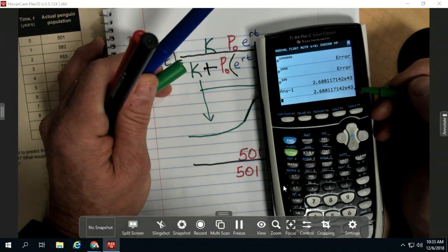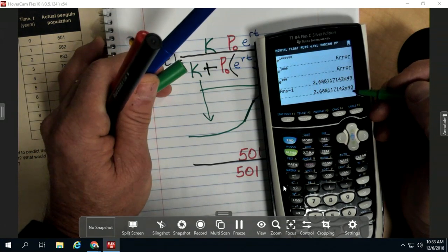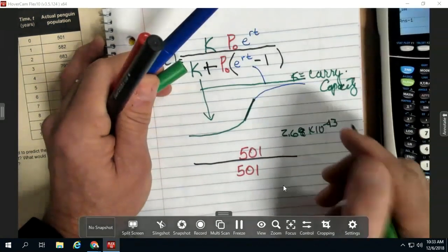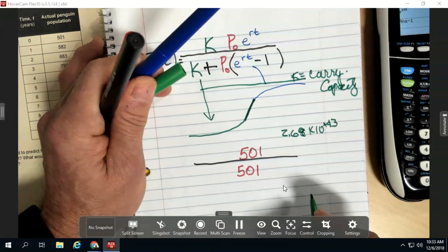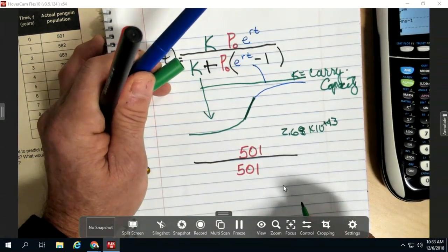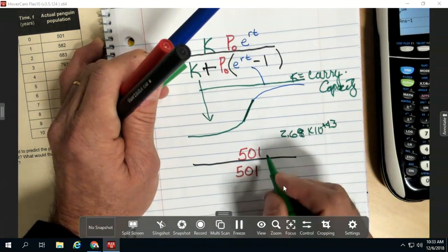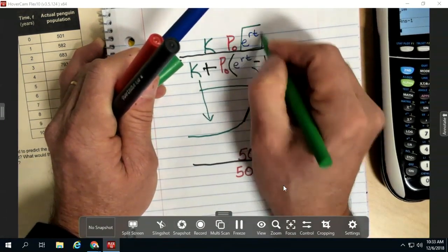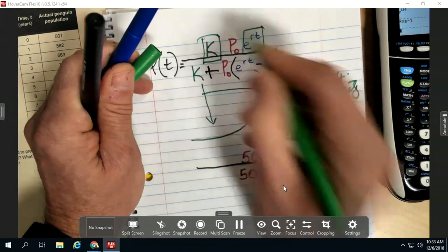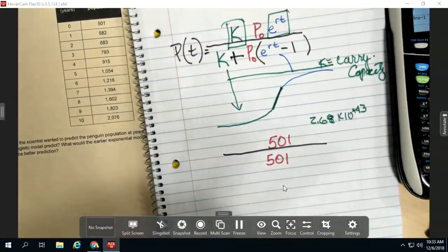Why does it still say 2.68 times 10 to the 43rd? Oh, that's to the positive 43rd. It's positive. I didn't realize that. Sorry. So in other words, that won't affect the time, will not affect the population, only the initial value. I don't know.